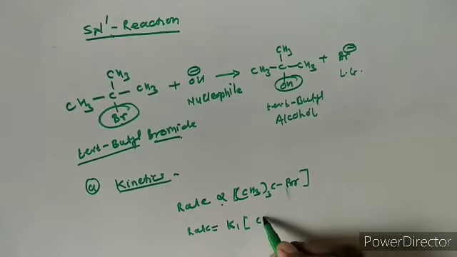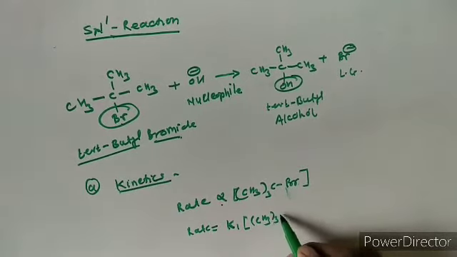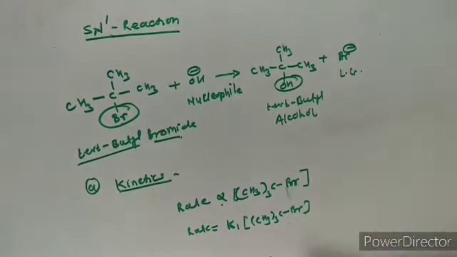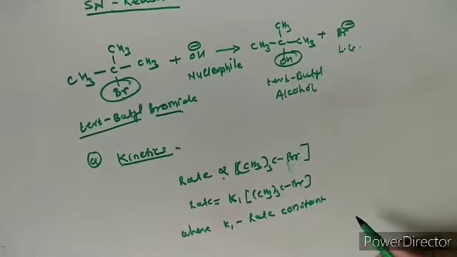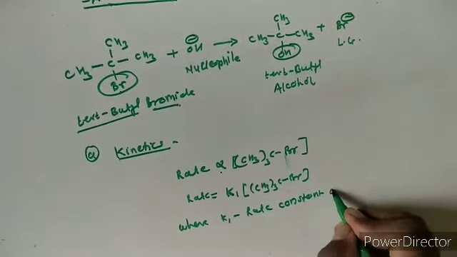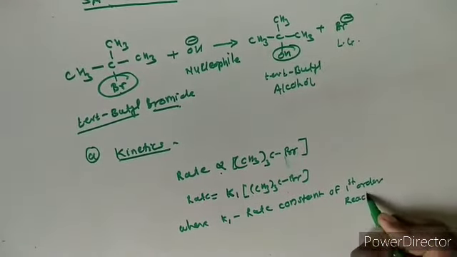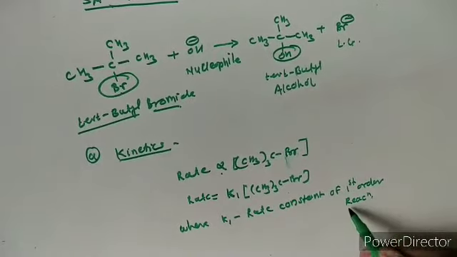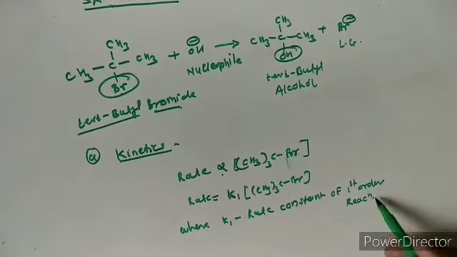So rate is equal to K1 times the concentration of tertiary butyl bromide, where K1 is the rate constant of a first order reaction. First order reaction means the rate of this reaction depends on only one species, that is the reactant. So this is a first order reaction.